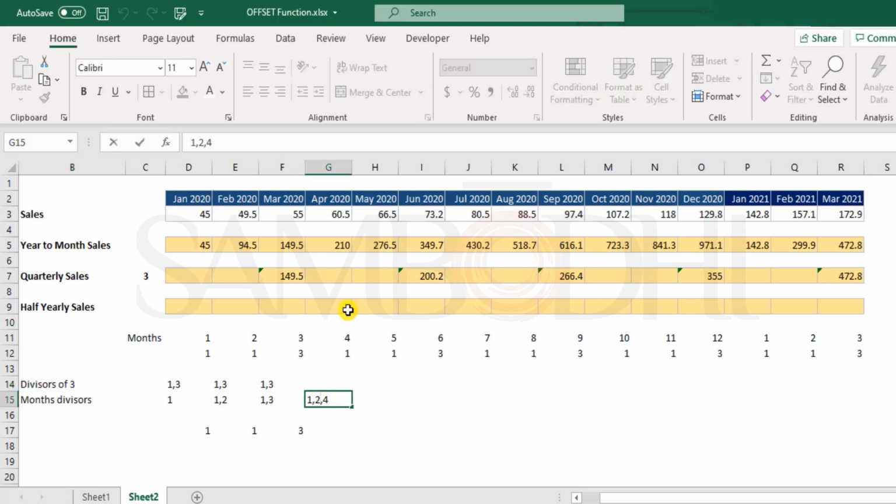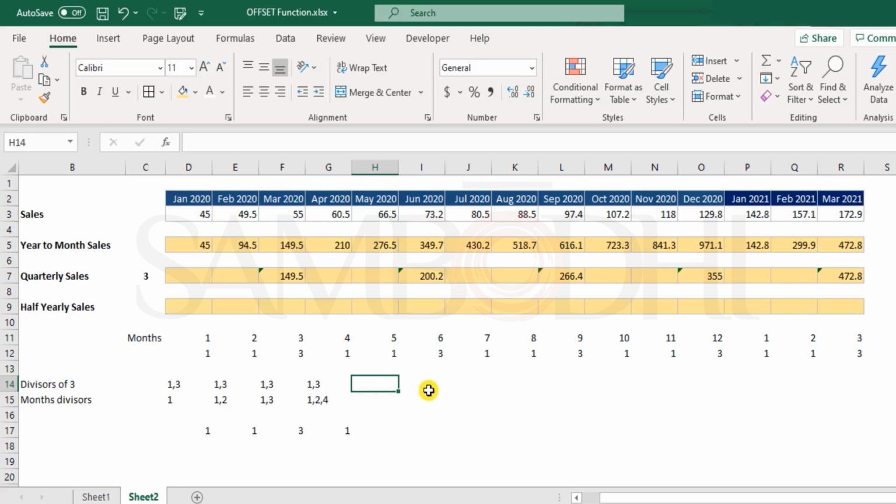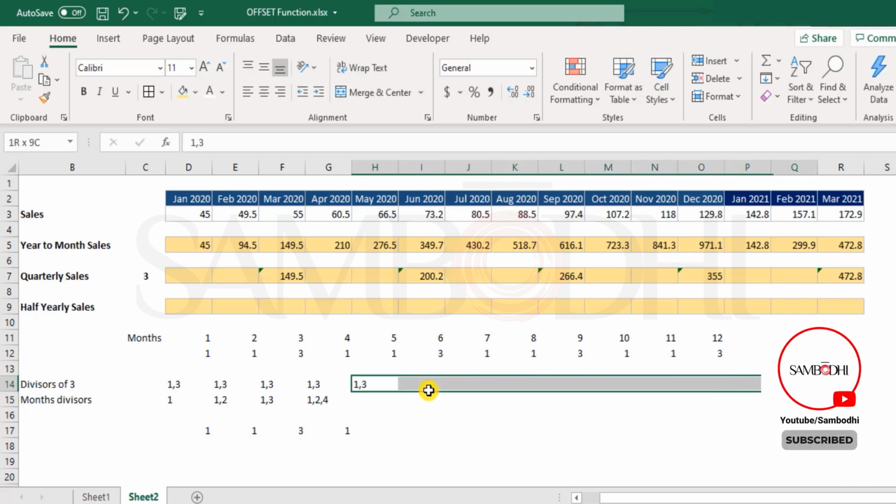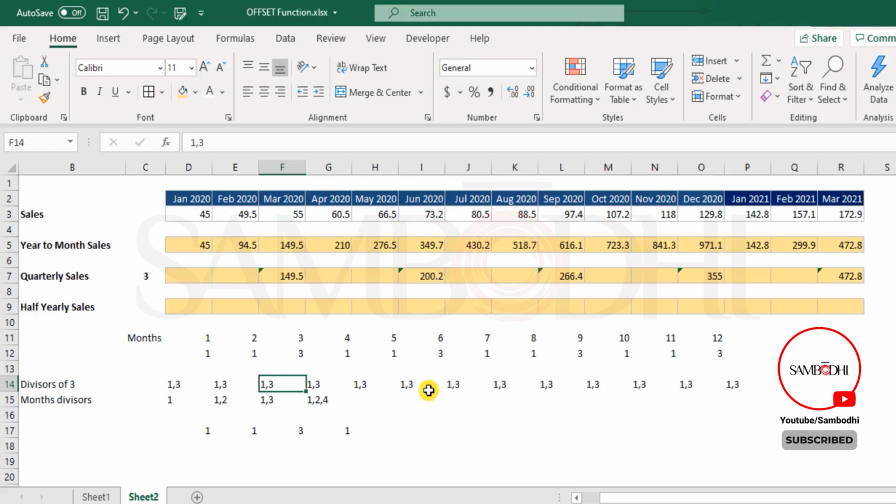So we have 4, which can be divided by 1, 2, as well as by 4. But when it comes to 3, it's 1 and 3. That's it. So which are the common numbers in both of these? It's 1. So we have this 1 here. Now moving on, it's 1 and 3 again. This will be consistent across all of them, because we are just looking at divisors of 3. 3 can be divided by 1 and 3 only.